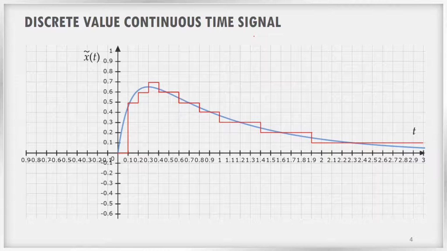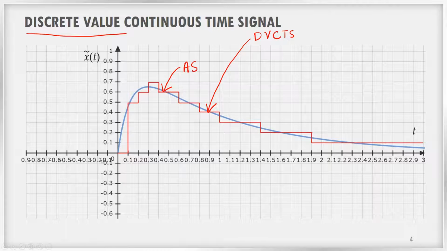Now, is there any other kind of continuous time signal? Yes. There is another kind of continuous time signal which is known as a discrete value continuous time signal. Actually, this blue color represents our analog signal, and this red color represents our discrete value continuous time signal.